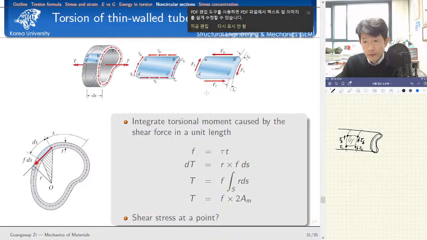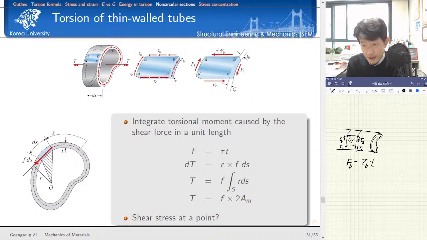Let's check the force equilibrium in the horizontal direction. Here FB is given by what? FB is given by tau b times the thickness measured at point B. And then FC, I'm talking about here, right?